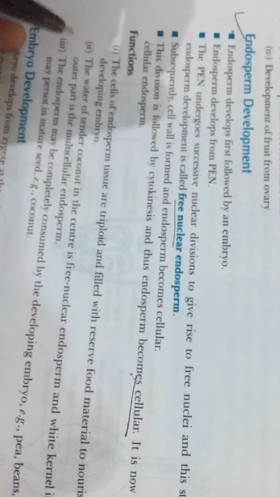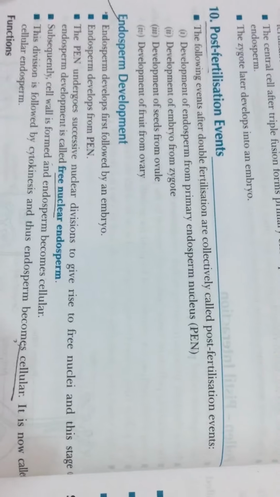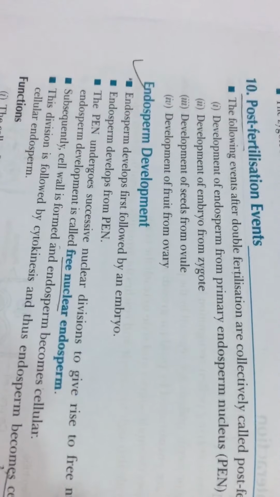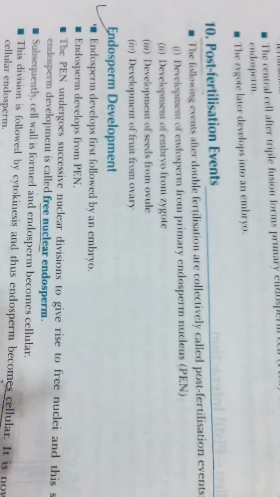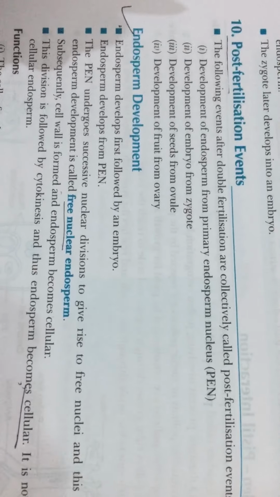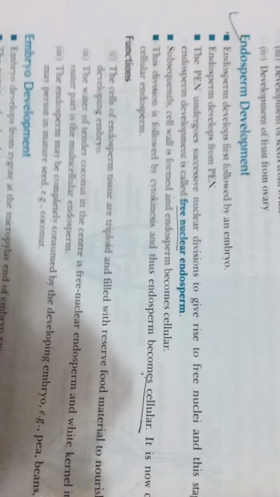Next are the types of seeds on the basis of the presence or absence of endosperm. If the reserve food material is present in the seeds, they are called endospermic or albuminous seeds. They include castor, wheat, maize, barley, and coconut.